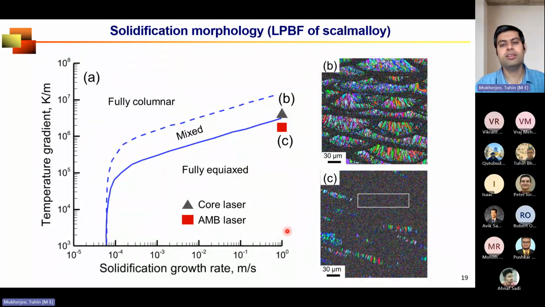We are taking the same principle to a very new technology, even newer than laser powder bed fusion, the adjustable mode beam laser. We can prove that the same fundamental science is very well applicable to a new process in order to predict the microstructure.